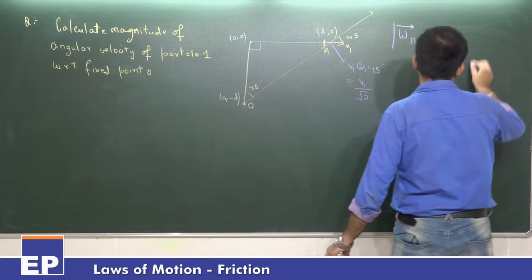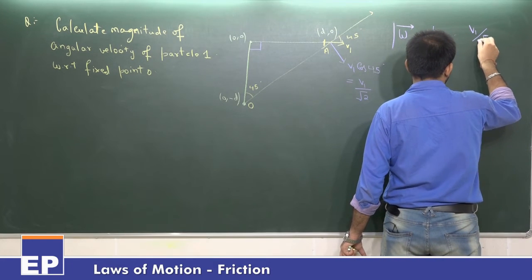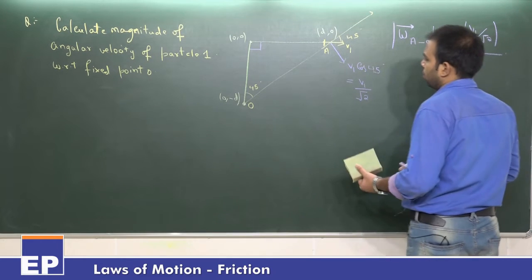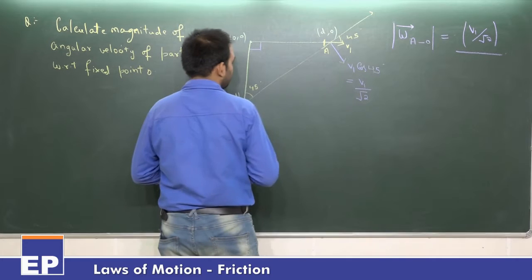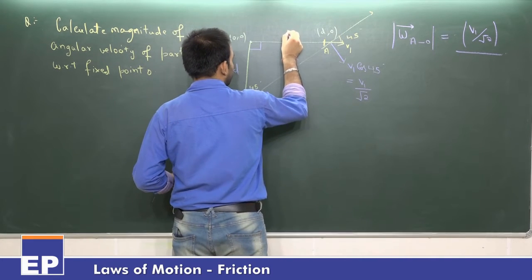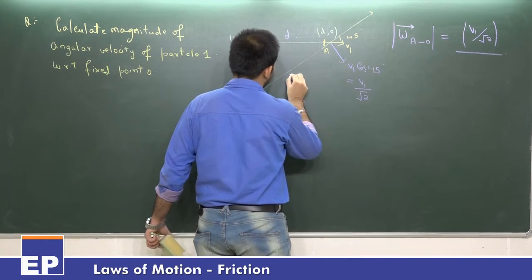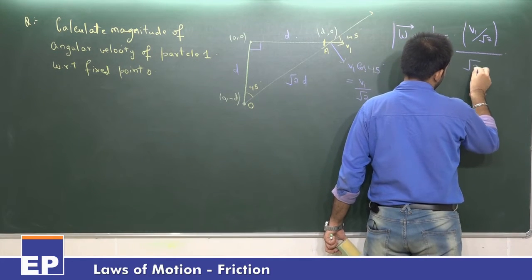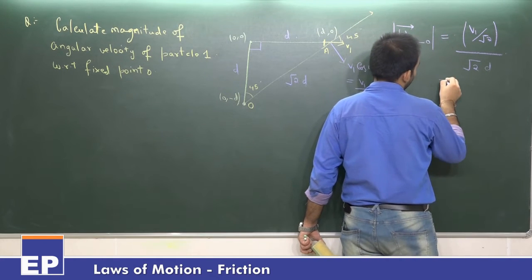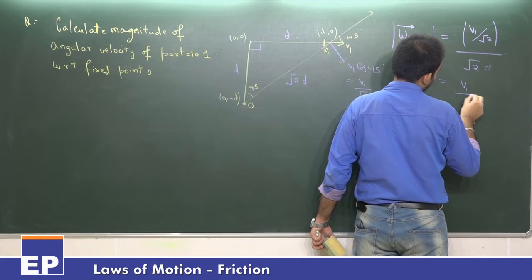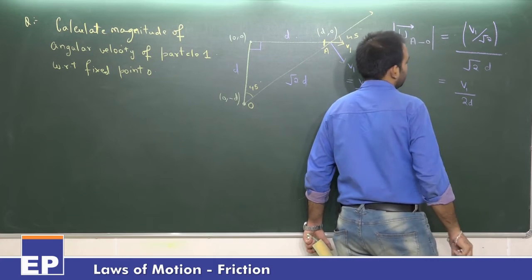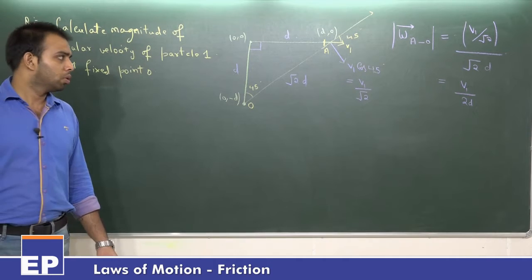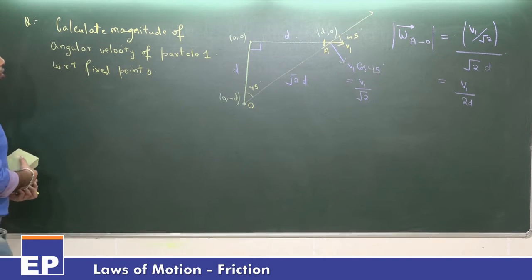It is the perpendicular component V1 by root 2, divided by the distance between them. If this is d, this is d, the distance is root 2 d. So it will come out to be V1 by 2d. That is the magnitude of angular velocity of A with respect to O. Is it clear? So this is the relation for it.